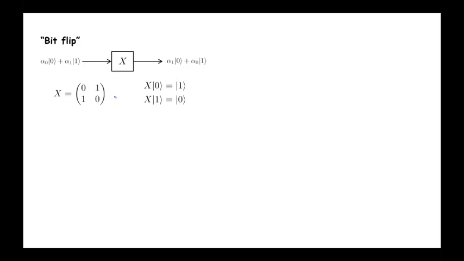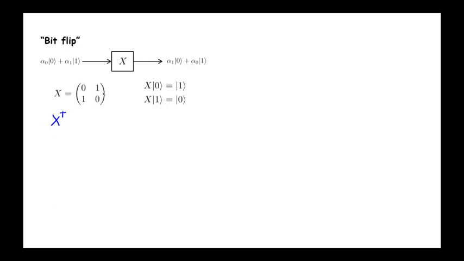Okay, so the first gate that we'll consider, which is a particularly simple one, is a bit flip. So what the bit flip does is, it's given by this transformation X here, and now of course we'd want to check that X is a unitary transformation. So what we want to do is look at X dagger.